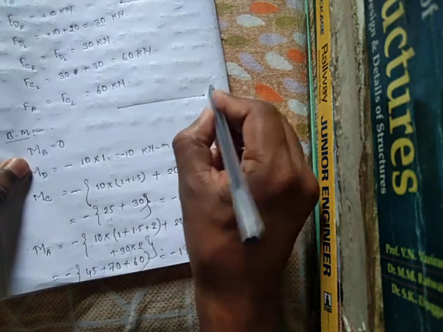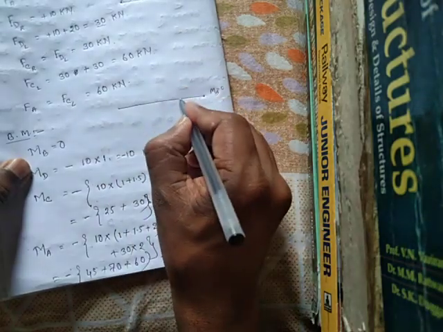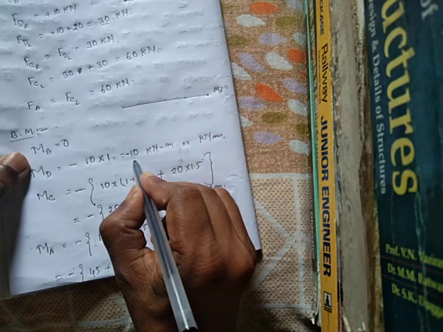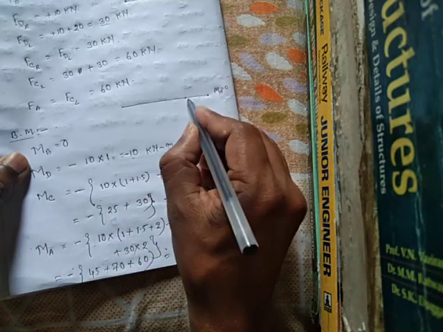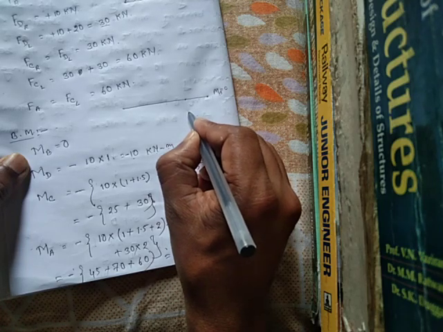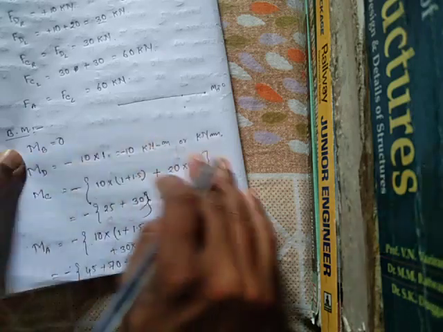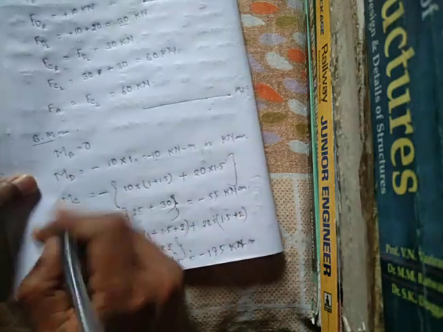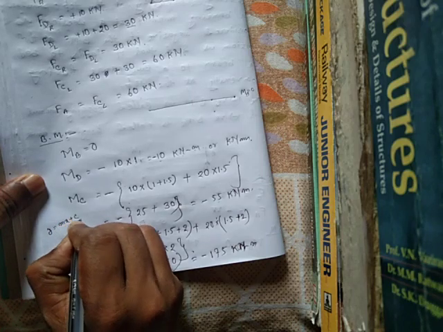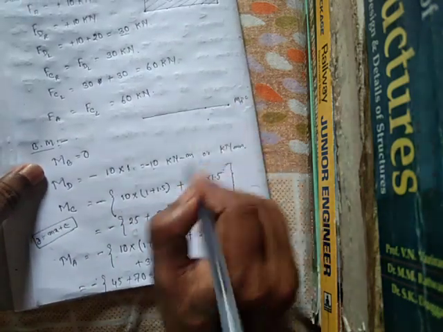Bending moment at point D is equal to minus 10 kilonewton meter, let it be here. This is a linear form. All the equations are linear equations, like y equals mx plus c.